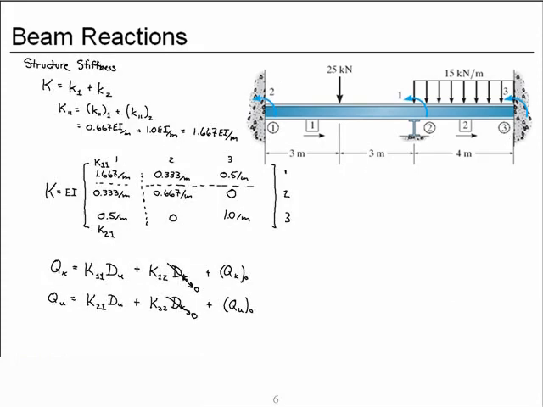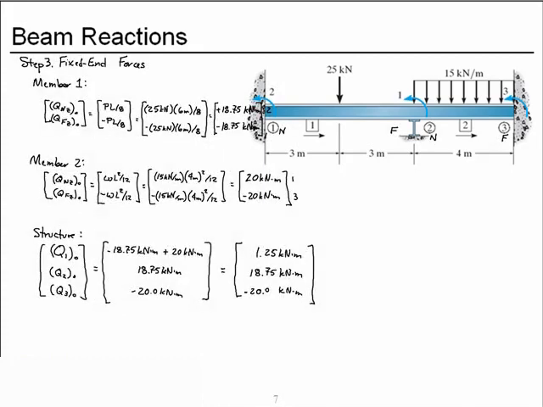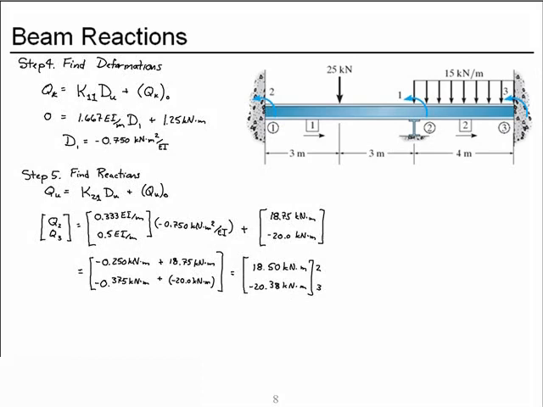We then assembled that structure stiffness matrix and partitioned it so that we knew which chunks to pull out to find displacements and to find reactions. We then calculated the fixed end forces for each of the two members and then assembled those into fixed end forces for the entire structure. We used that information to find the deformations.